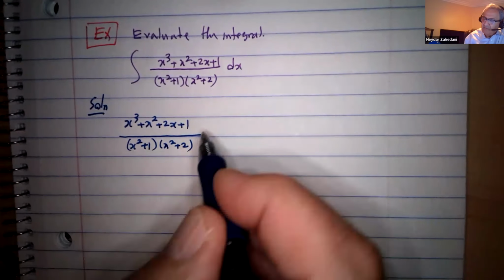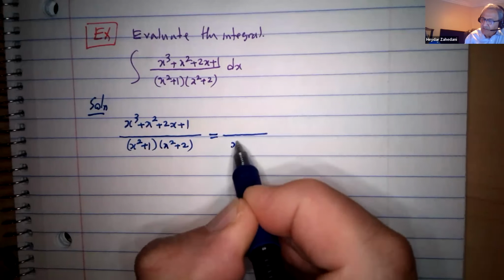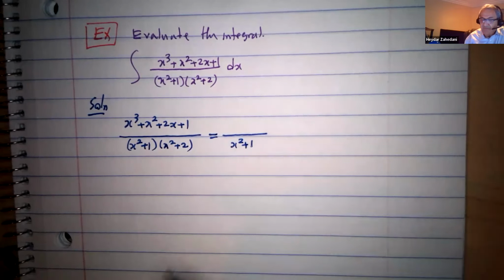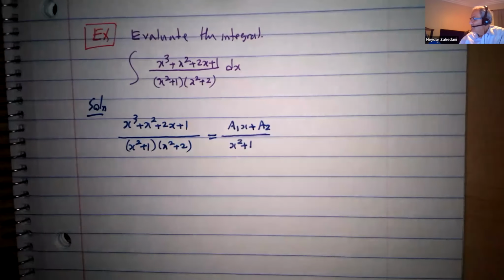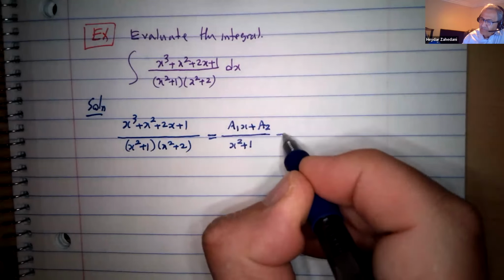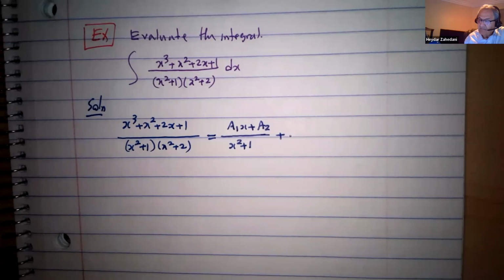Now, for each quadratic factor, it's going to be x squared plus 1. It's not factorable, so the degree is 2, so you have to put a linear one on the top. So the linear one is going to be something like A1x plus A2. Okay, and then plus, it's not repeated, so we're done with the x squared plus 1.